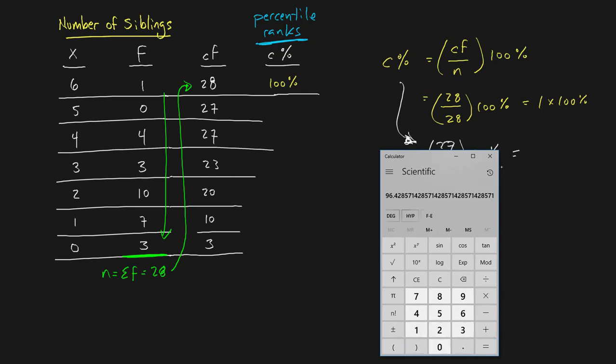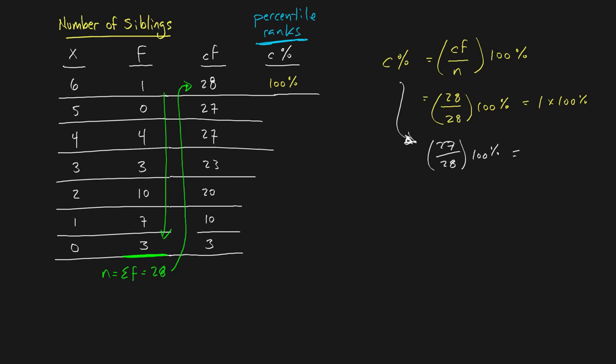It comes out to be 96.43. I'll round that to 2 decimal places. So 96.43 there in that row. And it's also going to be the same thing in the next row because my cumulative frequency doesn't change there. So of course, converting it to a percentage also won't change.